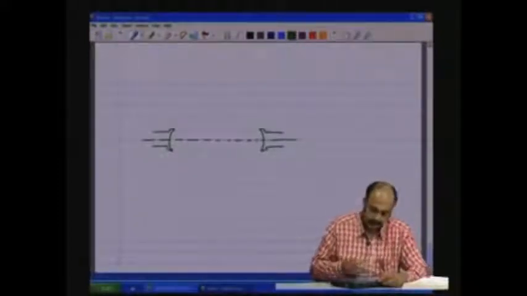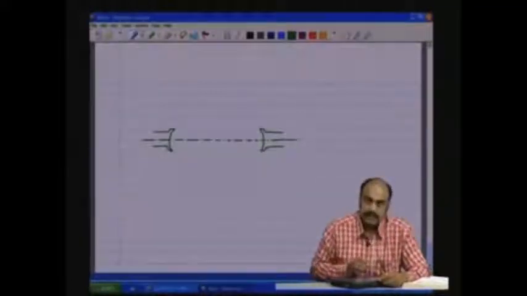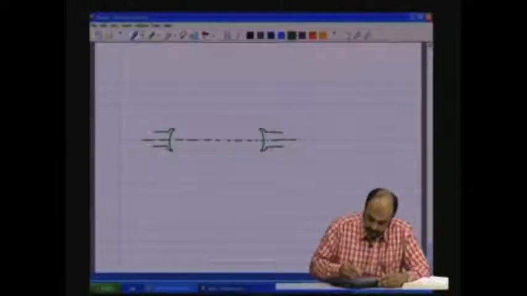Let us say this is the horizontal axis. This pole set is at 0 degrees with respect to the reference axis. So, this is the reference axis in space. Okay, this is spatial.